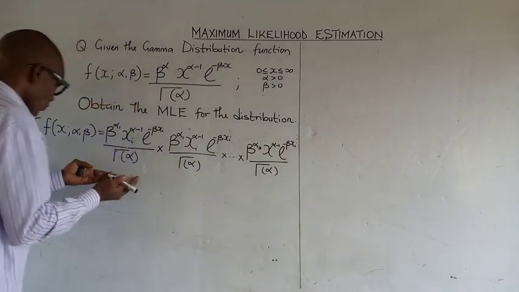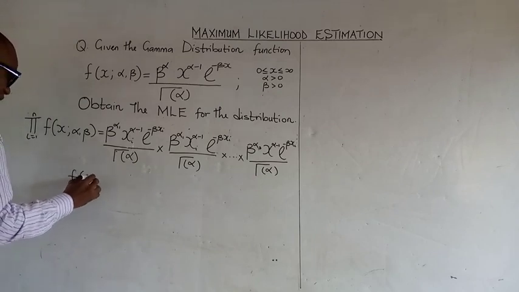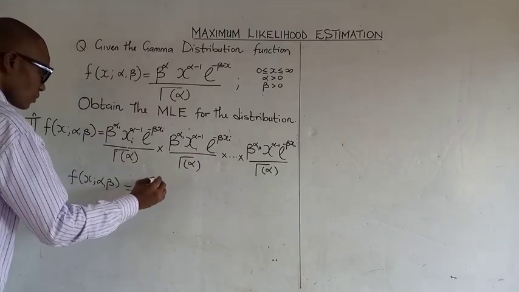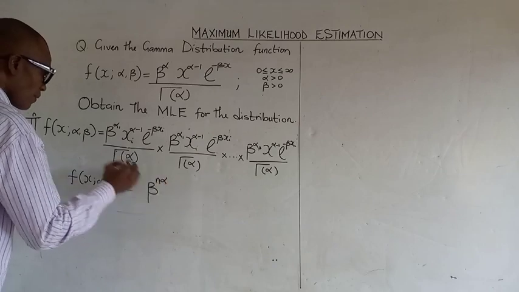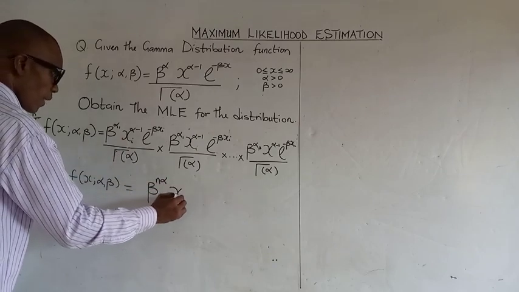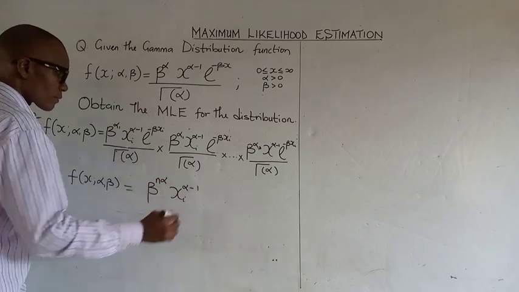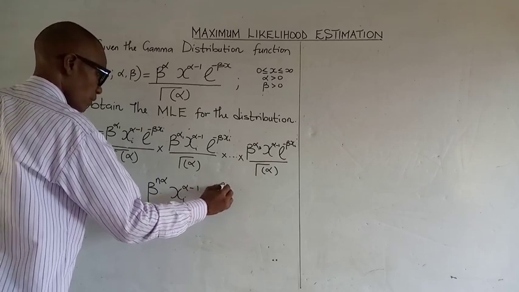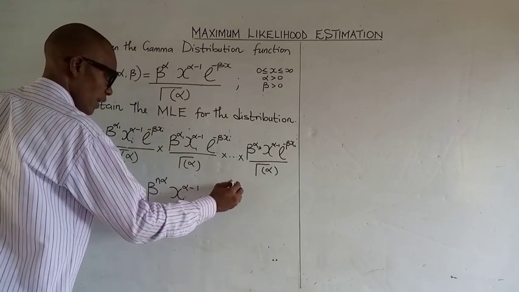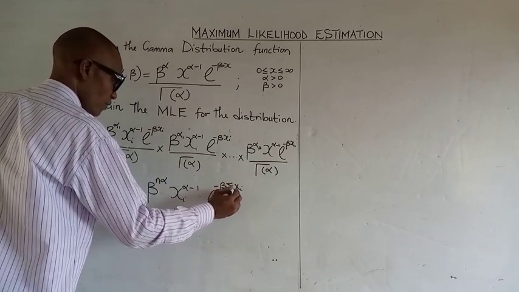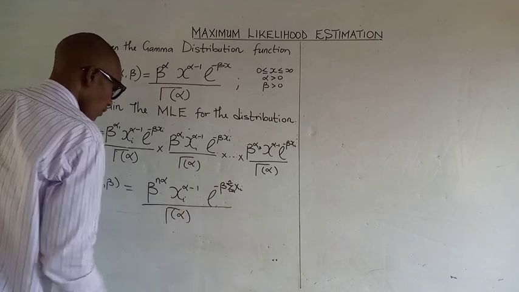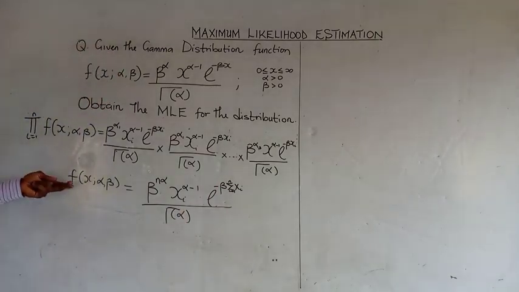So to put this together, we have our function alpha, beta to be beta^(n alpha), because this is the constant, product of xi^(alpha minus 1), exponential of minus b, if we sum the xi's, summation of xi's, all over the gamma function.